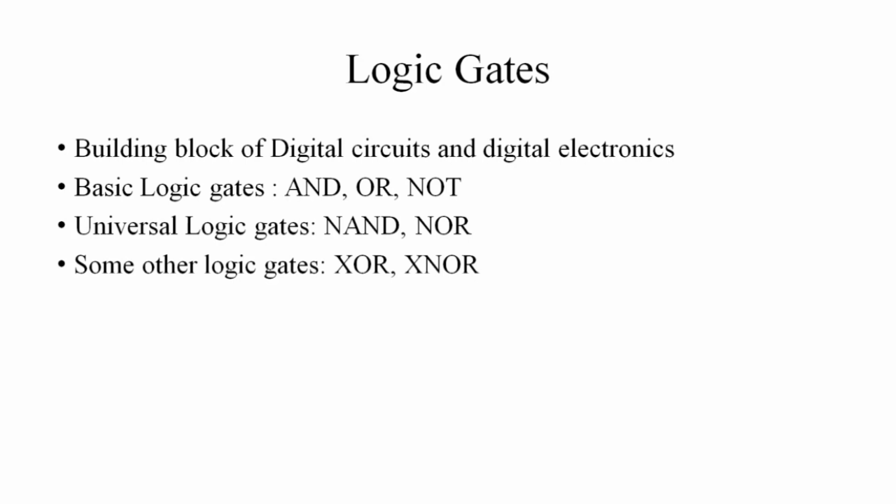And since AND gate, OR gate and NOT gate can be implemented by using only NAND gates or only NOR gates, NAND and NOR are also known as universal logic gates. Here we also discuss some other gates like XOR gate and XNOR gate.